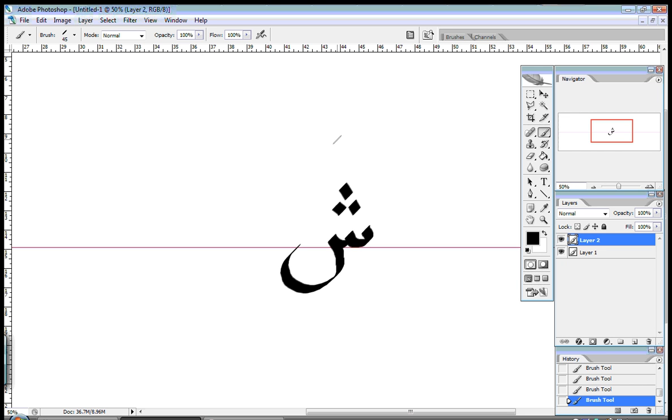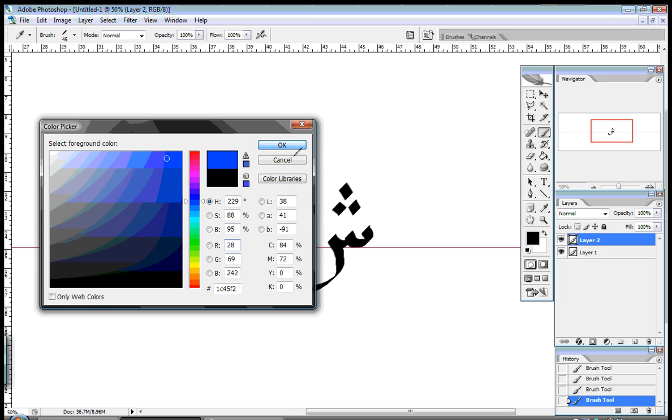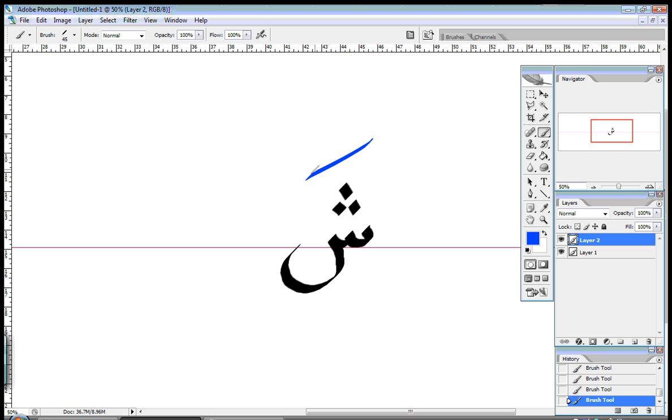No, it's sha. So how would you pronounce that with different علامات التشكيل? It would be sha, shu, shi. Again, sha, shu, shi. Okay, so basically that's it.